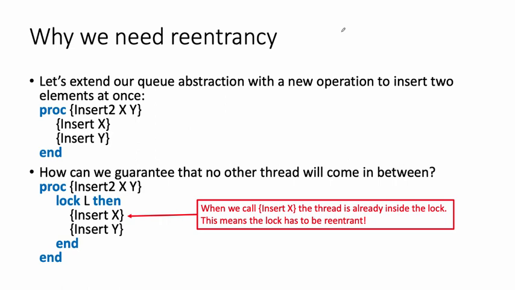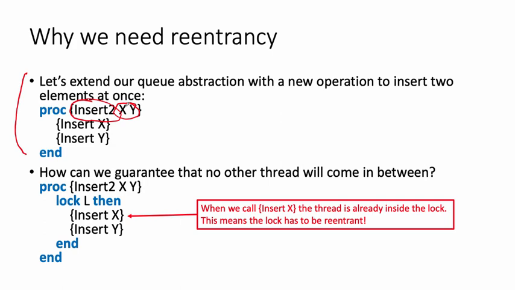And here's an example of why you do it. Let's extend our queue abstraction. So let me now implement insert 2. I want to put two elements in the queue, x and y.